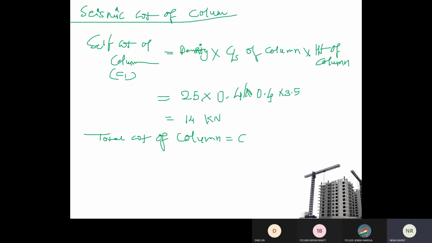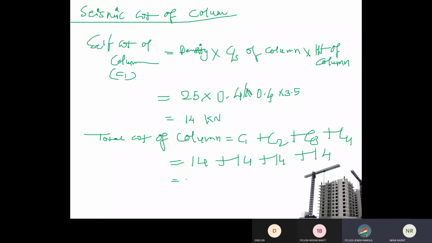So you can write C1 plus C2 plus C3 plus C4, 4 columns. So 14 plus 14 plus 14 plus 14 is 56. So this is your seismic weight of column.